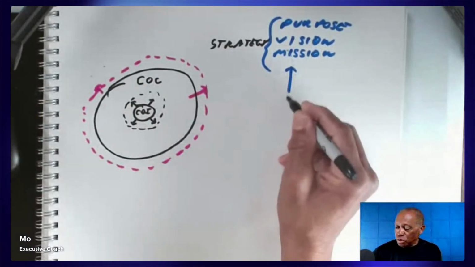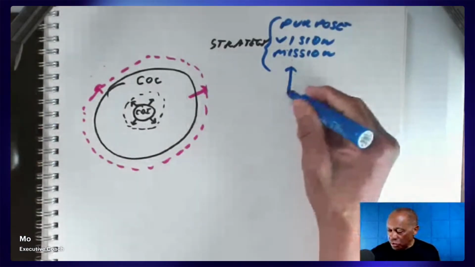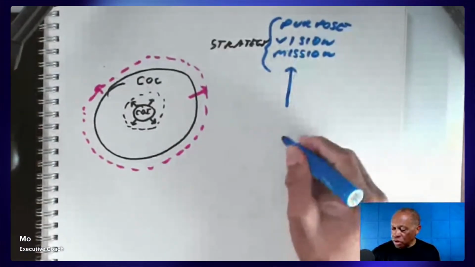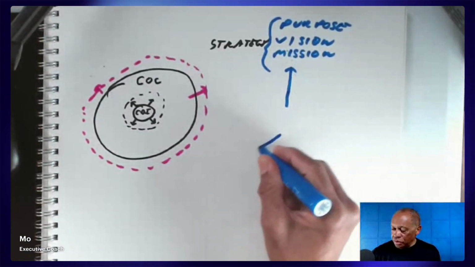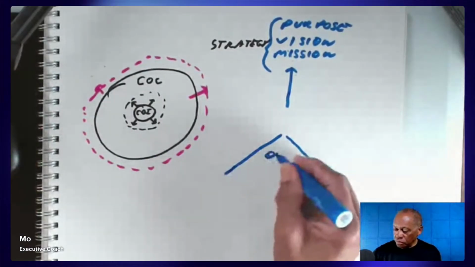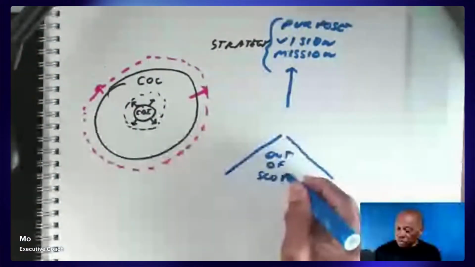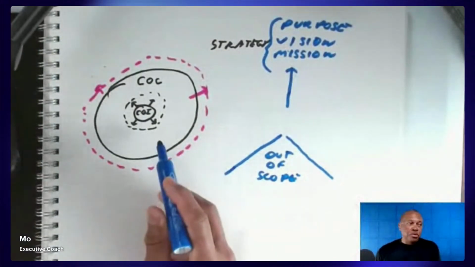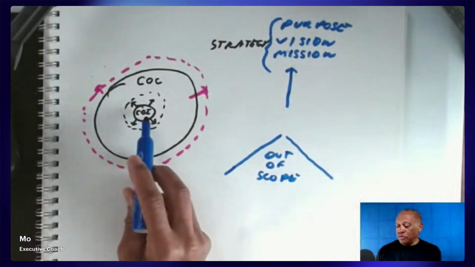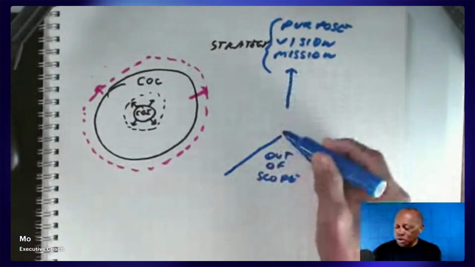But then what you want to do from there is decide intentionally if this is the direction of travel, this is our North Star. There's an area that's out of scope. So what I'm doing here is putting some context around this idea of expanding influence. We don't just want to influence, we want to influence in a particular direction.